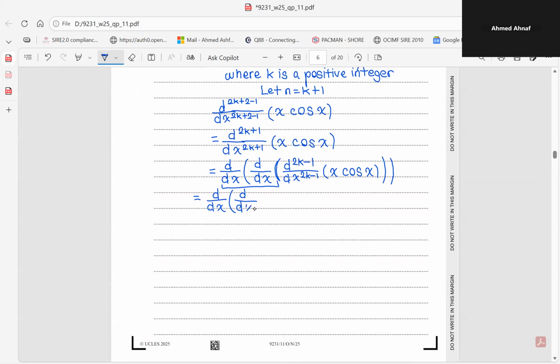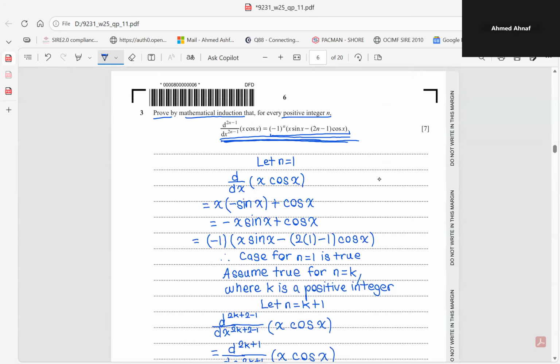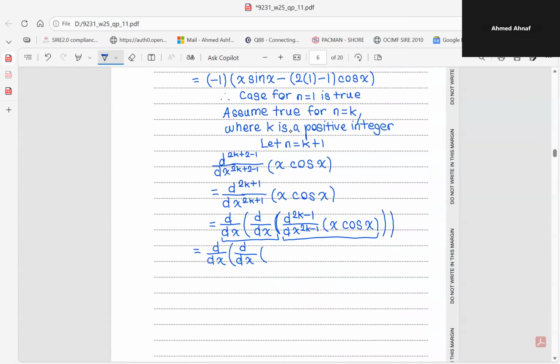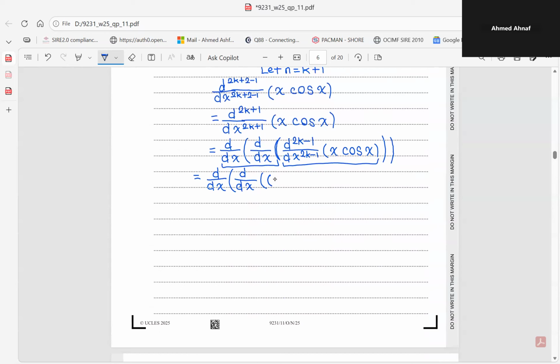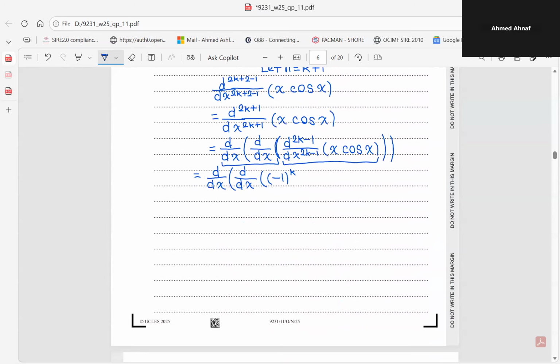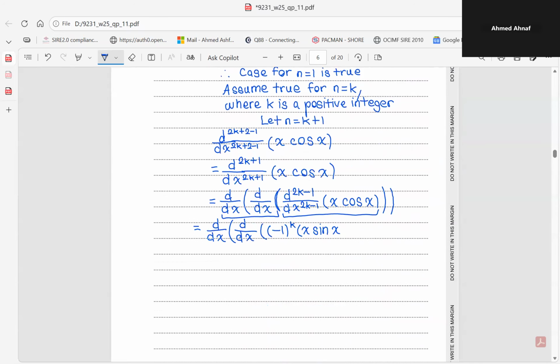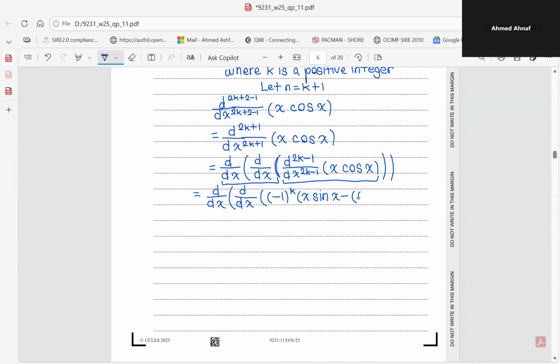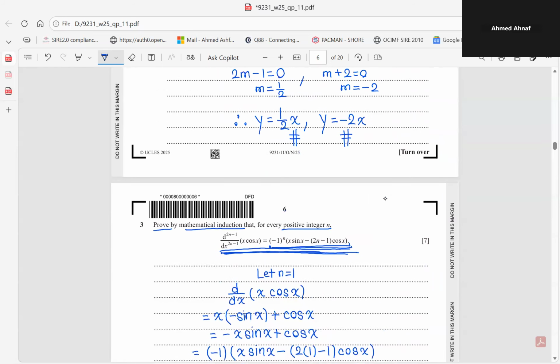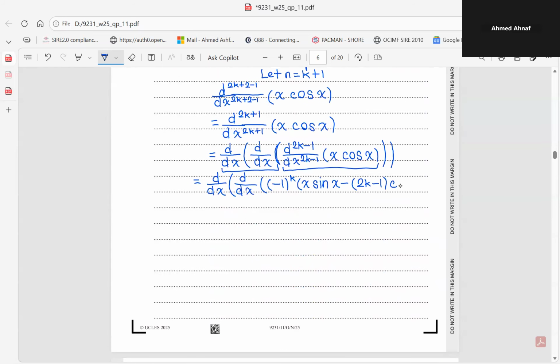Okay, so for this, just copy the right hand side down, and replace the n with k. So you have (-1)^k times x sine x minus (2n minus 1), which is 2k minus 1, times cos x.